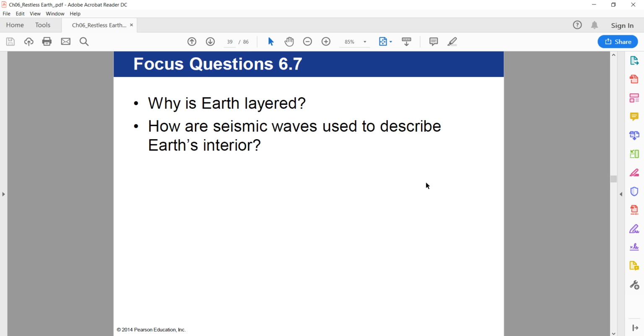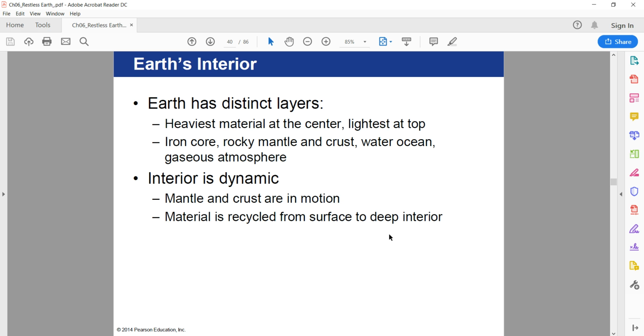I want you guys to just read through this. I have discussed this before, the layered structure of the earth. We talked about this in plate tectonics: crust, mantle, core, and how there is a density stratification that leads to the denser material submerging together in the core of the earth, iron and nickel being the dominant components in the earth's core, and then lighter material rose toward the surface, making the mantle and crust of the earth.